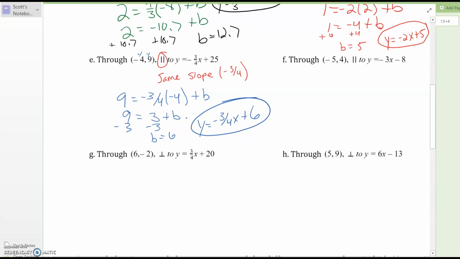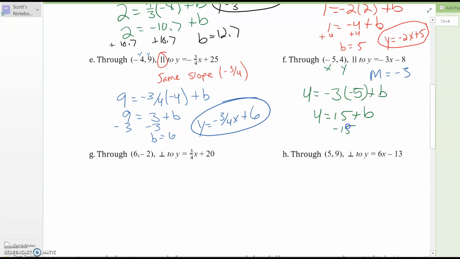Parallel again, same slope. m equals -3. Remember, guys, I should always see a b for that. x and y. I would get 4 equals -3 times -5 plus b. 4 equals 15 plus b.